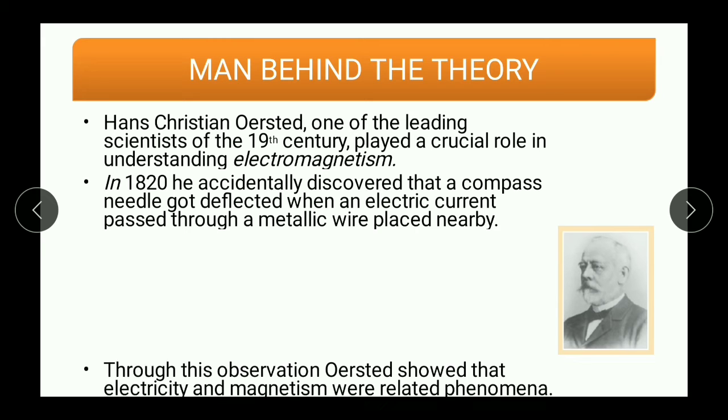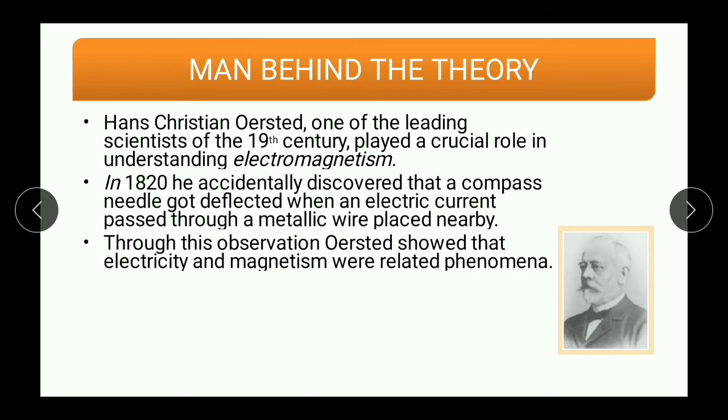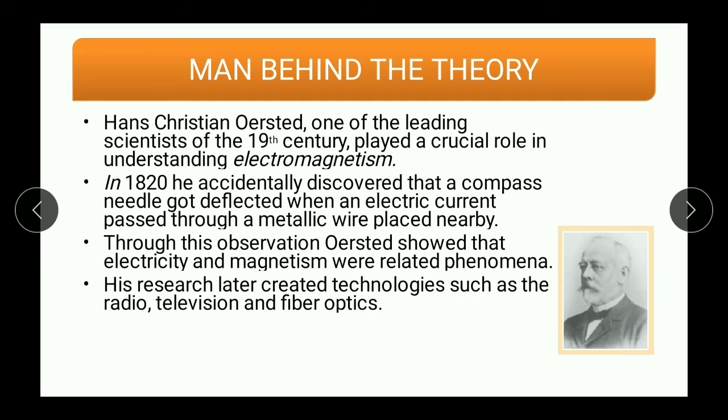So, through this observation, Ørsted showed that electricity and magnetism are very much related to each other. His research later created technologies such as radio, television, fiber optics, so various technologies that we enjoy today are because of this theory.